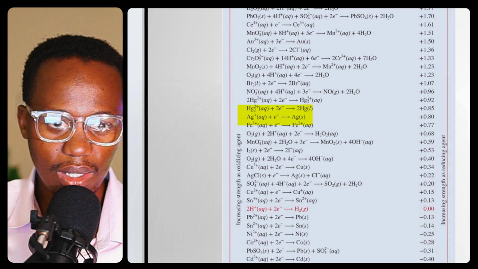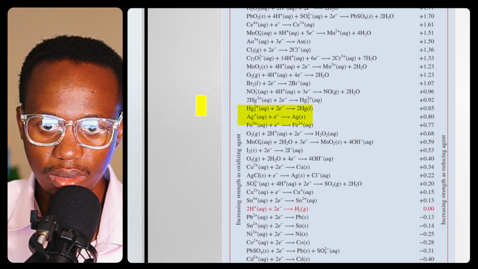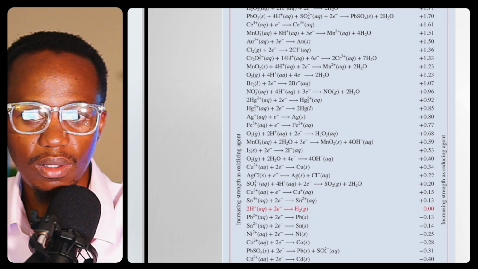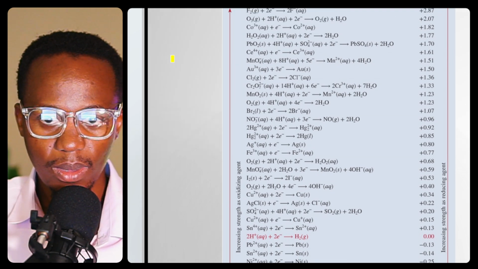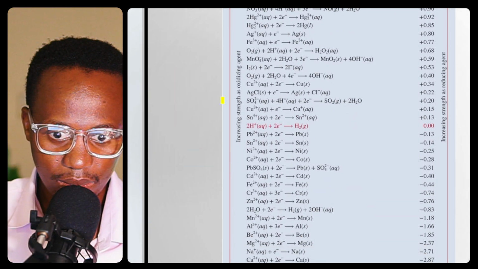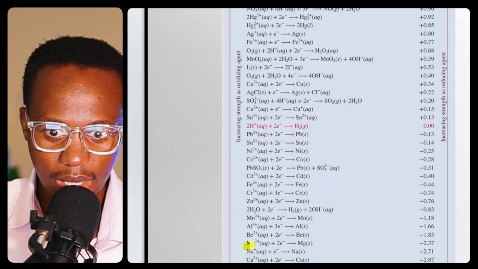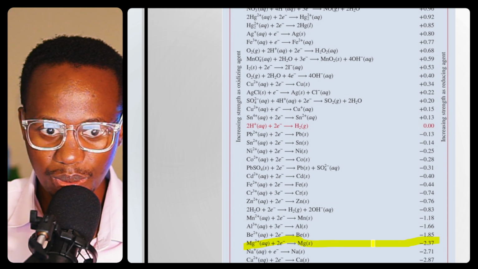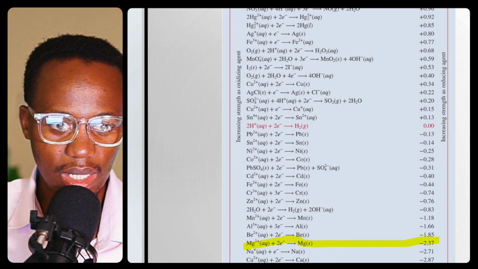Is that the one? This is so big. Okay, let me make this smaller. So I'm looking for magnesium. So that's Mg2+ plus 2e- becomes Mg. Look at the number, negative 2.37. That's magnesium, right?